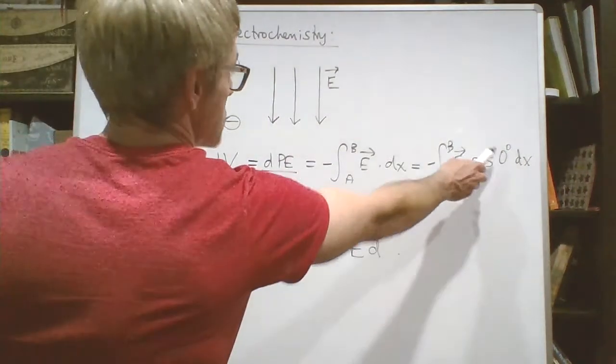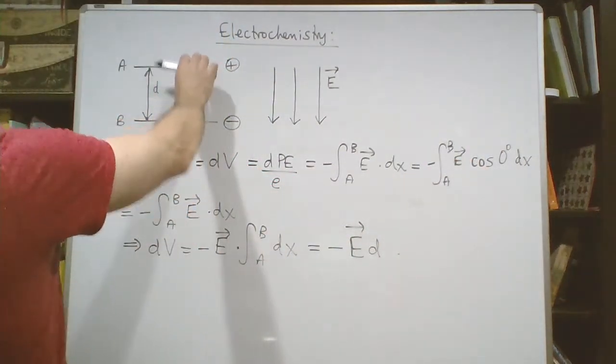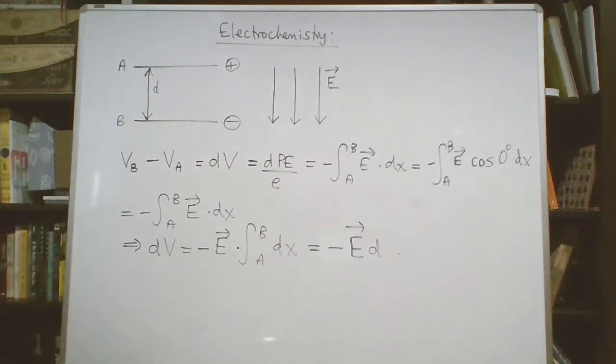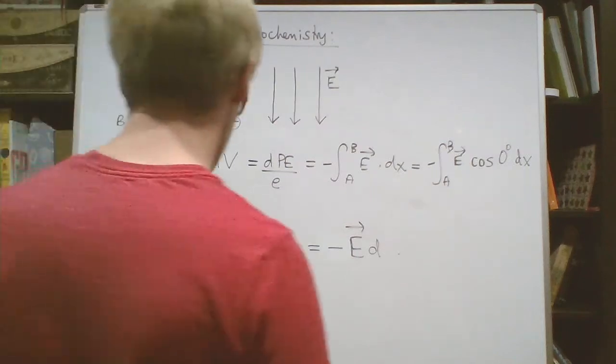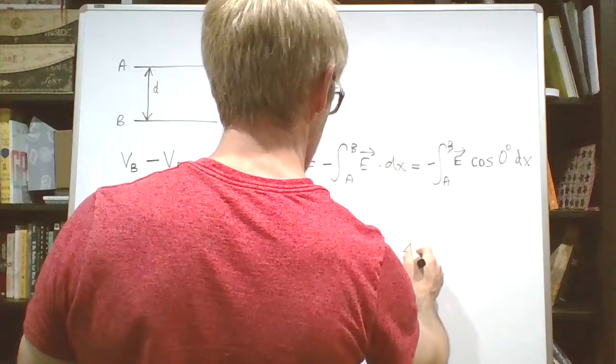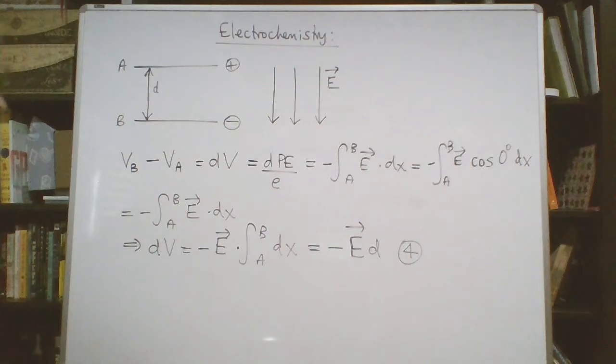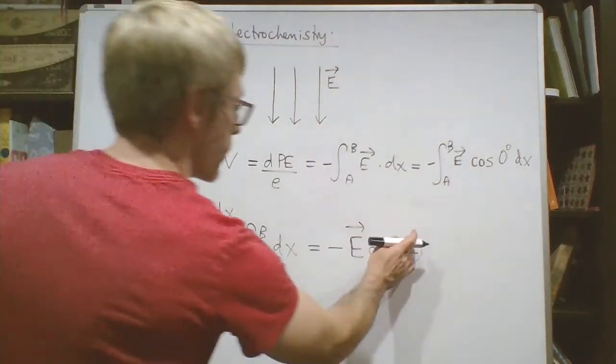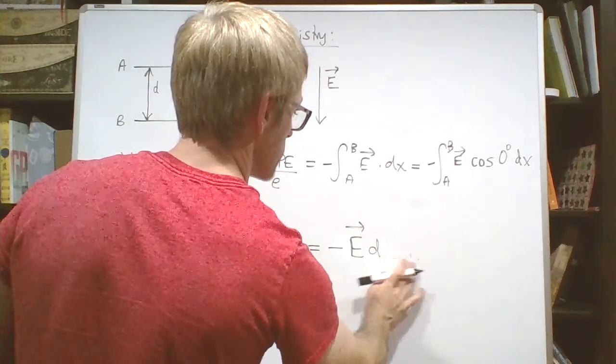And the angle is 0 because the plates are exactly perpendicular to the field. So that's why the angle is 0. We'll see another example later on where the angle won't be 0. Let's go ahead and call this equation 4. So let's rewrite it and call it equation 4, and then I'll have to clear up the board a bit.